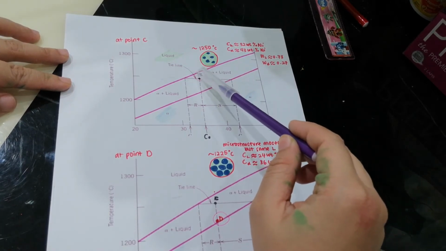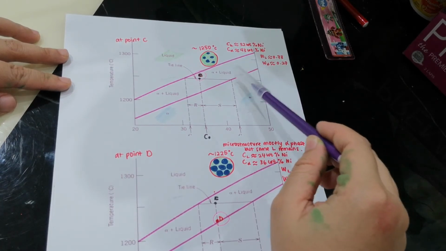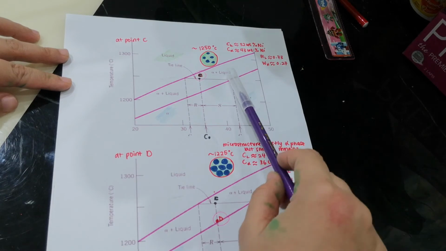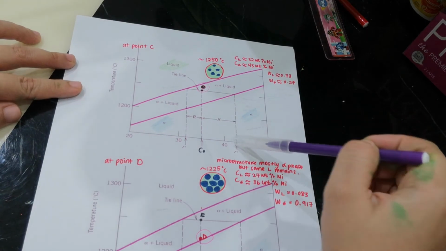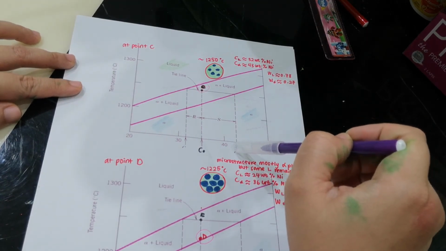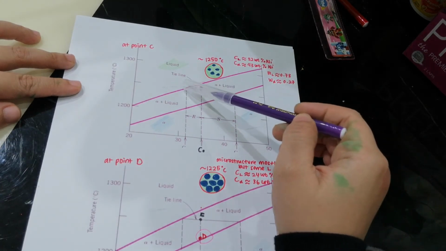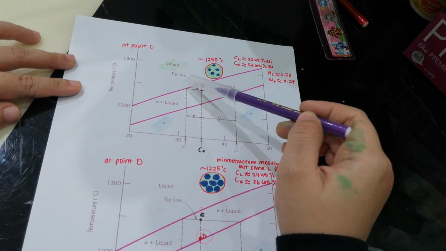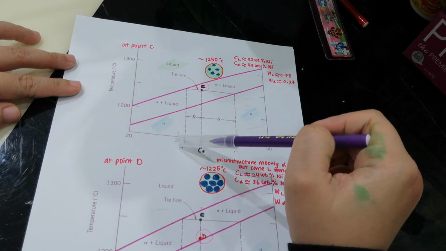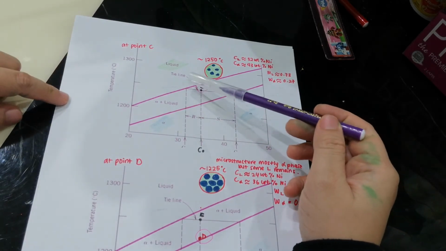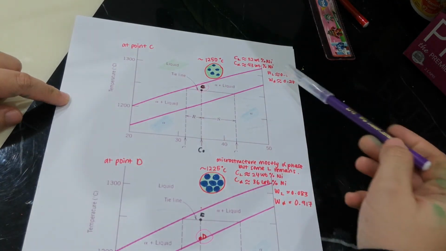When you draw a tie line at point C, the point that intersects the solidus line gives your C alpha, and when you drop down the line, it is around 43 weight percent nickel. For the point where the tie line intersects the liquidus line, dropping down gives the composition of liquid, around 32 weight percent nickel.